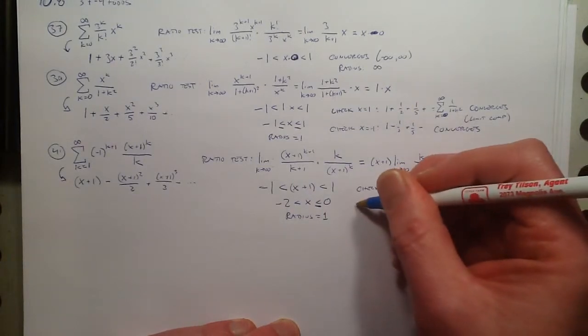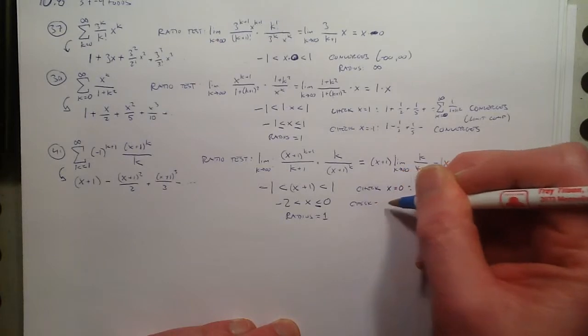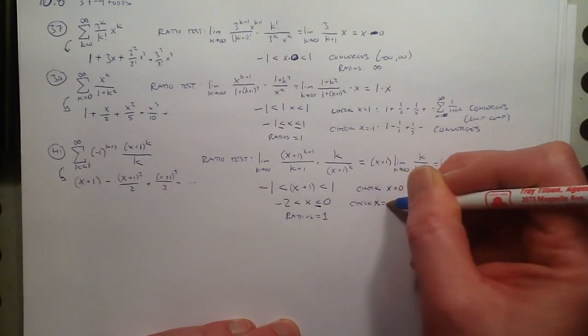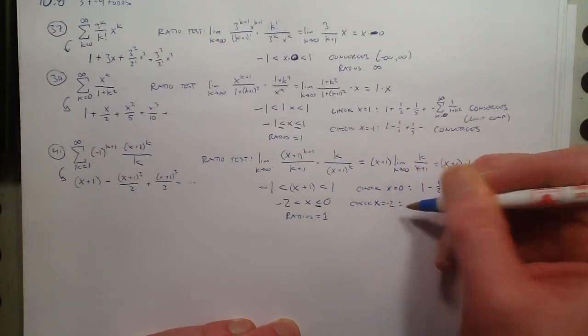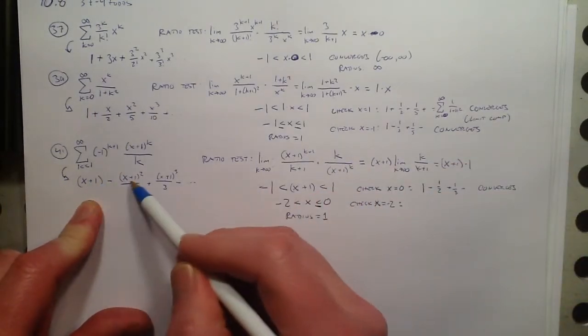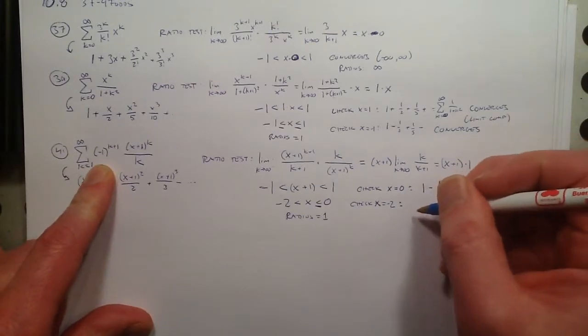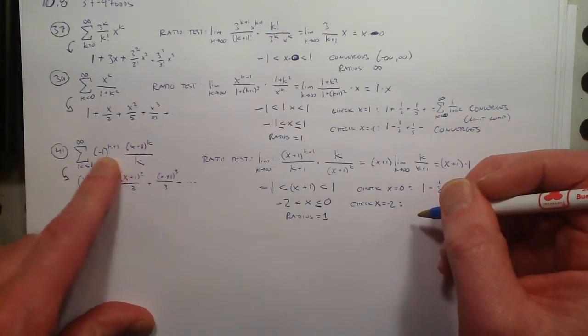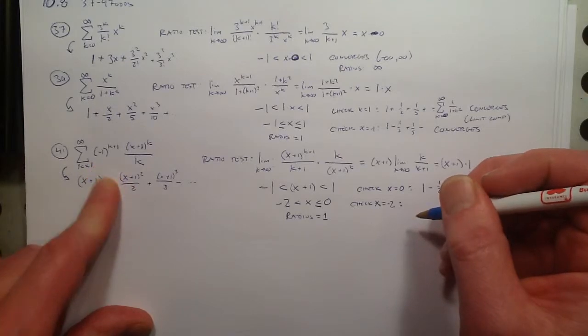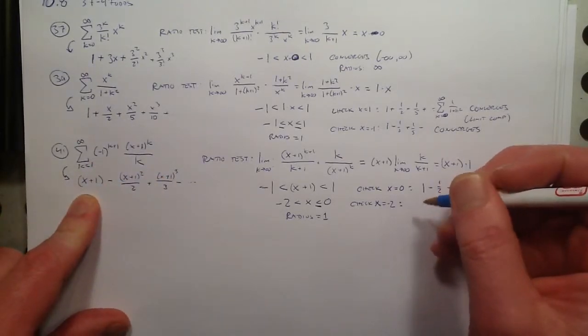How about when x is -2? When x is -2, then every single one of these is going to be equal to -1, right? So looking back at my original series here, it doesn't actually matter wherever you look at it.